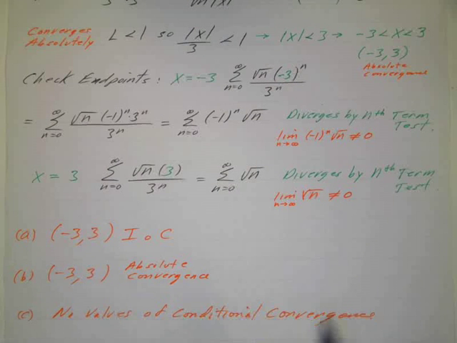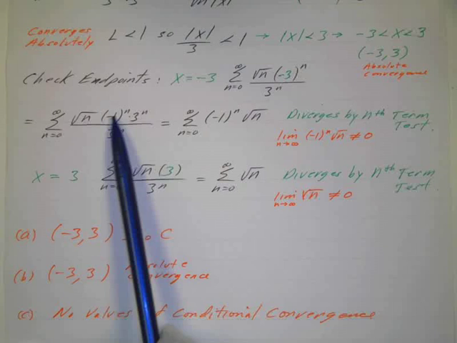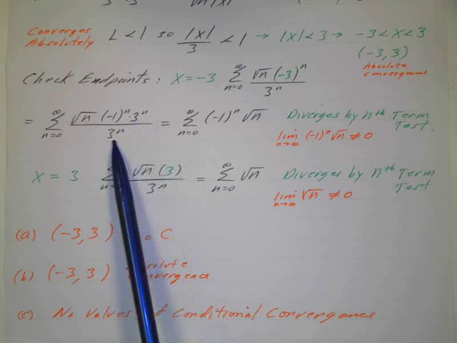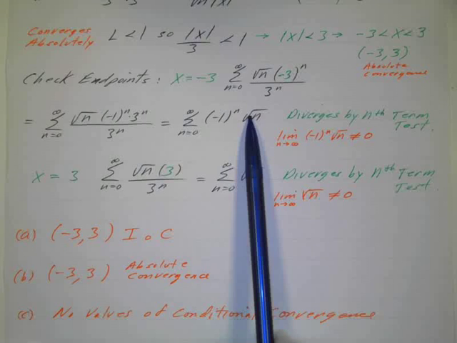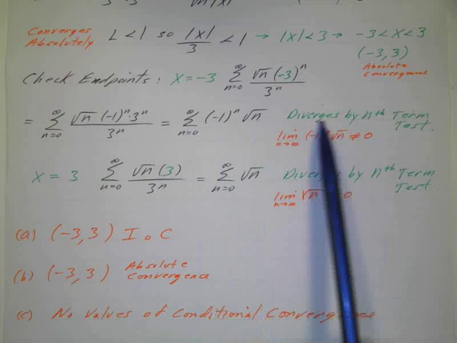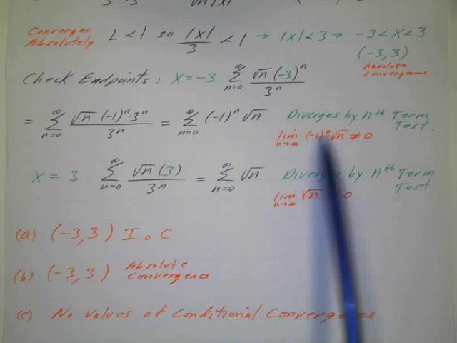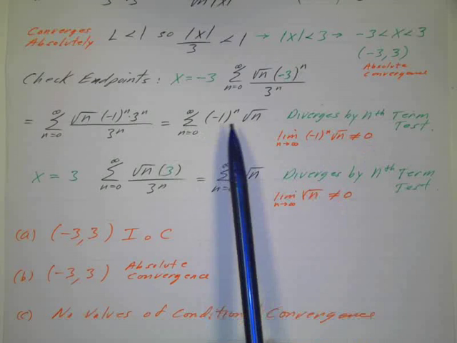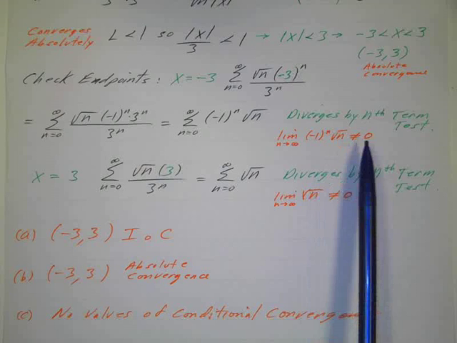So I have -3 to the n, which is the same thing as -1 to the n times 3 to the n, so those 3 to the n's cancel, and I put this in front. Then we can check this by the nth term test. It's obvious that this is not going to equal 0. The limit as n approaches infinity does not equal 0. It oscillates, so it doesn't exist.